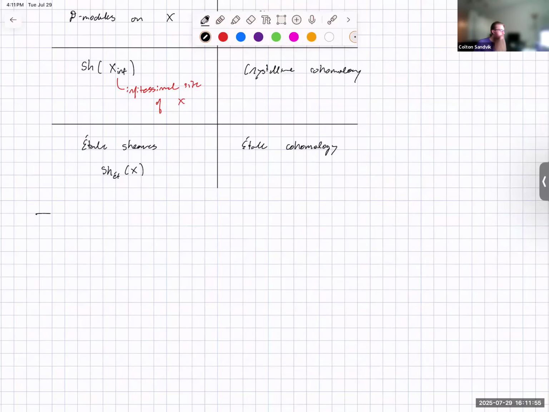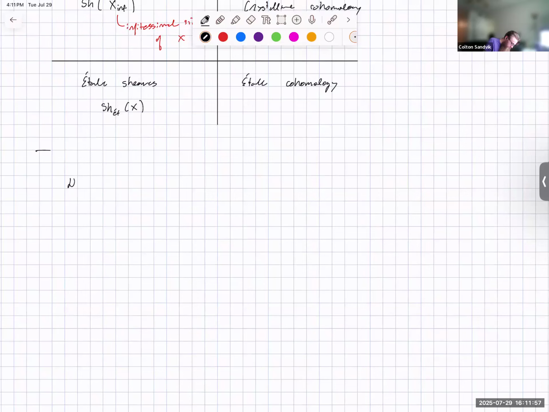So what are D-modules? This is the category of modules over the sheaf of algebras D of X. I may show this in a sheafy way.